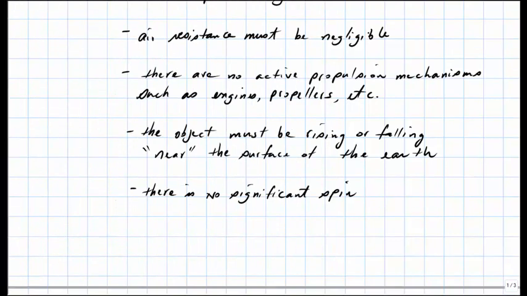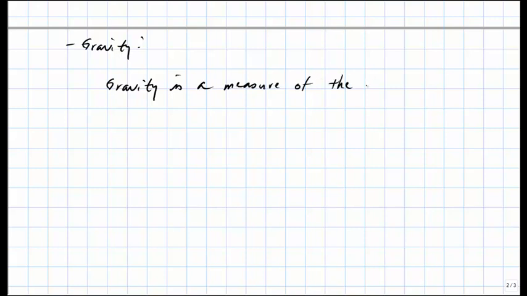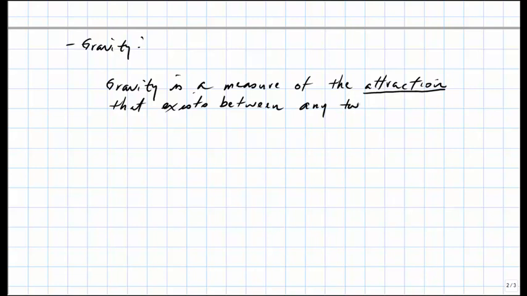We will now introduce the concept of gravity. Gravity is a measure of the attraction that exists between any two masses by virtue of mass alone.